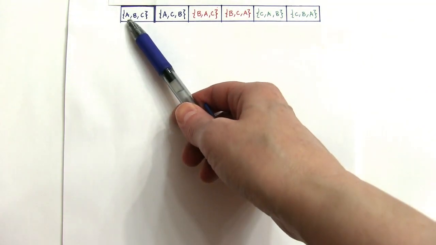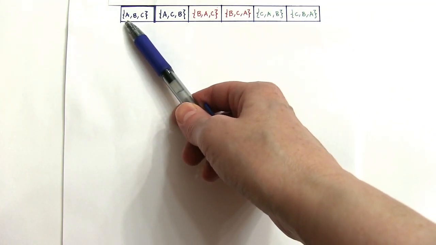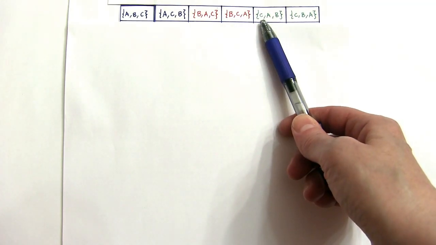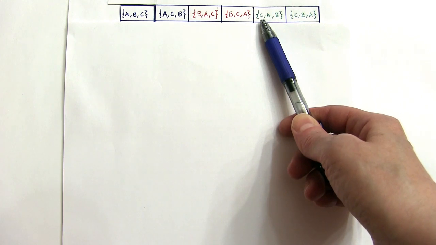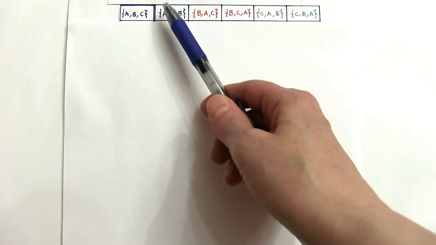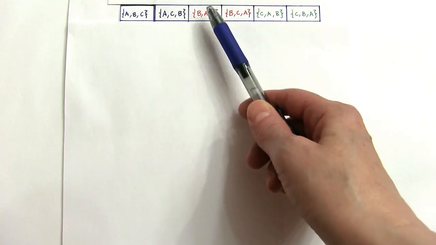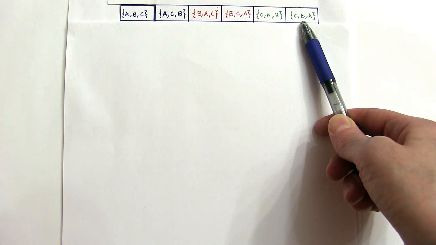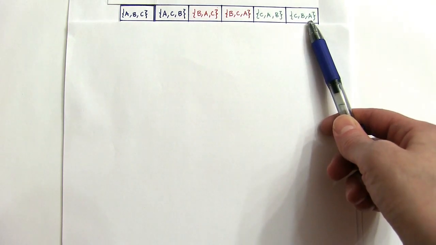So for each possible subset with 3 elements, we can permute these elements in 6 different ways, because for a set with 3 letters in it, there are 3 ways to choose the first letter, A or B or C. Then for each of those choices, there are 2 ways to choose the second letter, and then for each of those ways, there is 1 way to choose the third and last letter.